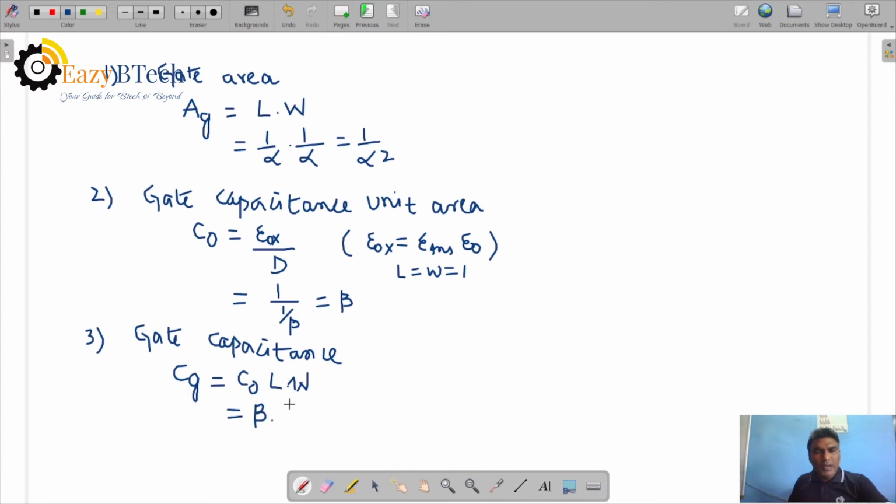L into W is scaled by 1 by alpha square, so 1 by alpha into 1 by alpha. So it is scaled by beta by alpha square. Right? Beta by alpha square. Now we have the fourth one, parasitic capacitance.